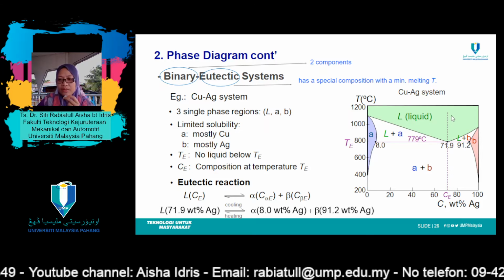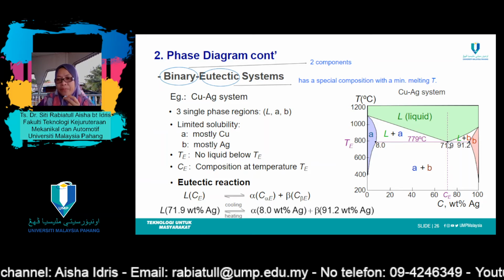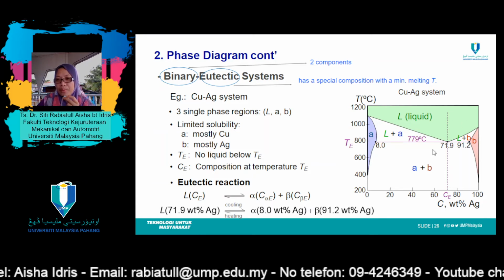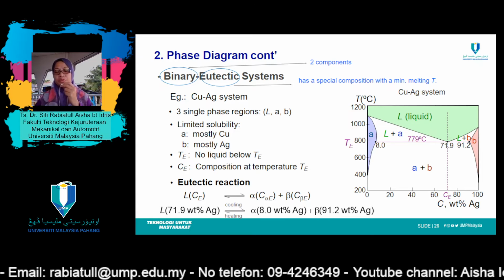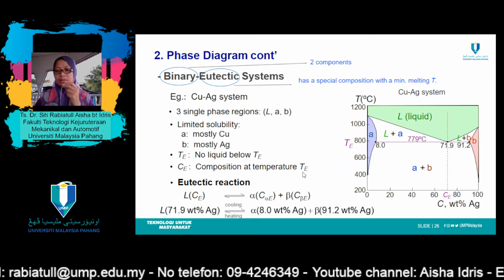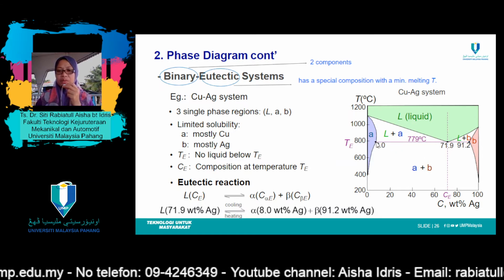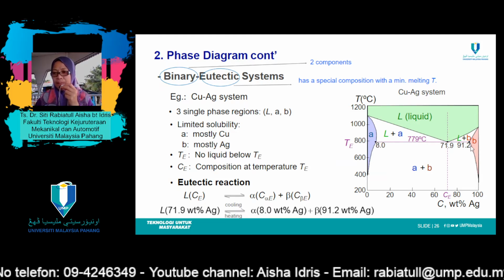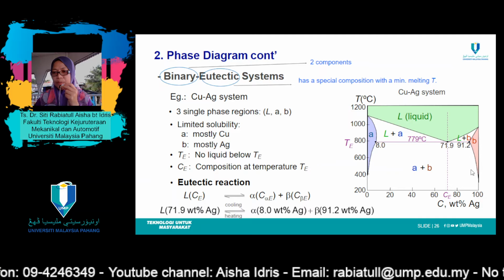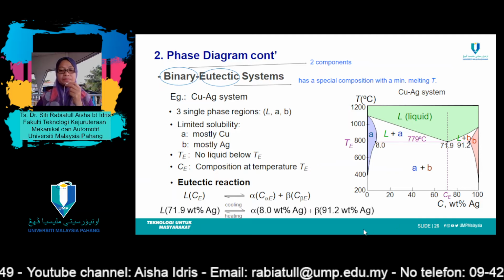From liquid, it starts to solidify, touching this point. There you should be able to get two phases occurring, which are alpha and beta, with the percentage of alpha equal to 8% silver, and beta which is 91.2% silver.